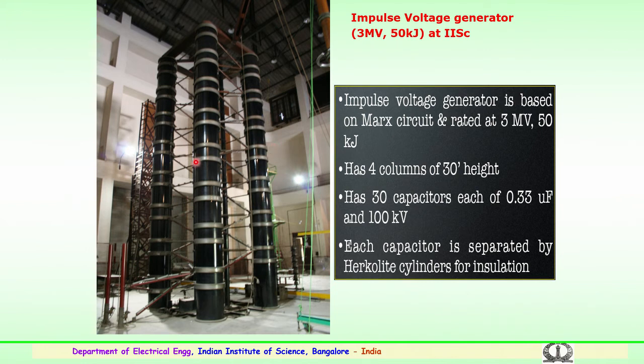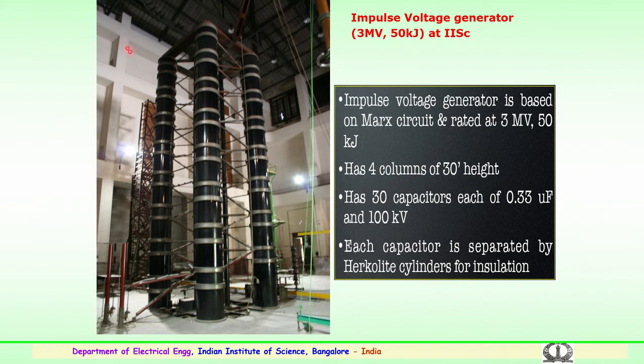This generator at IAC has 4 columns of capacitors with 15 stages. Each stage output is 200 kV, so 15 stages into 200 is 3 million volts for the lightning impulse. For switching impulse, suitable front and tail resistors and the capacitor are used for the required waveform.